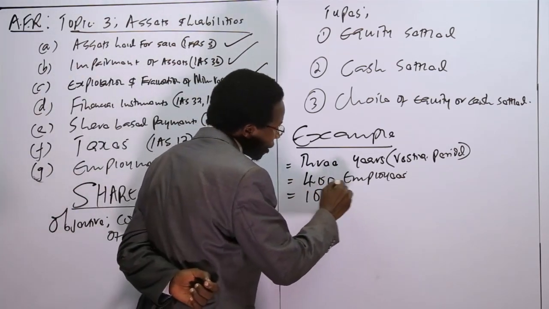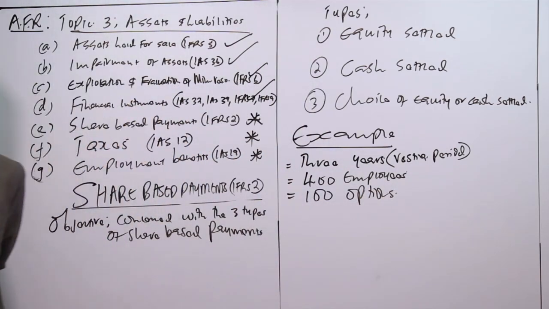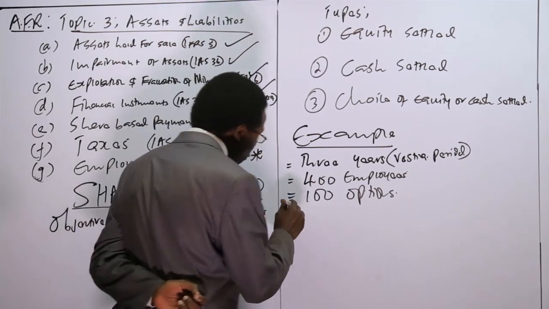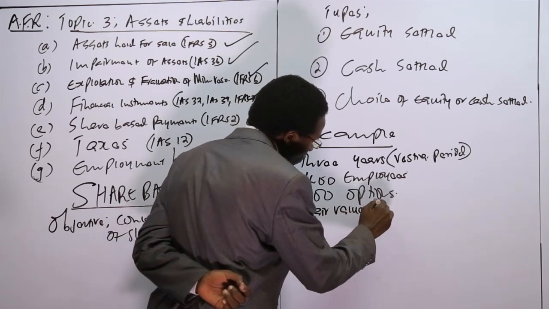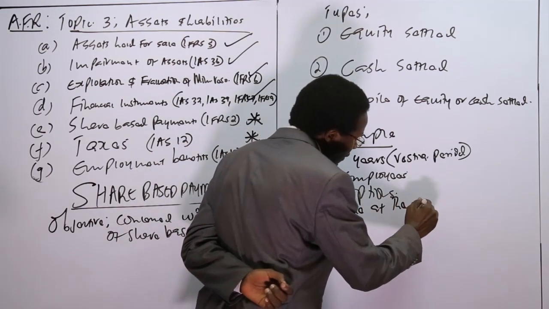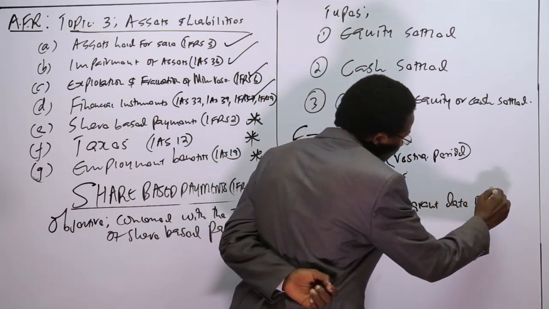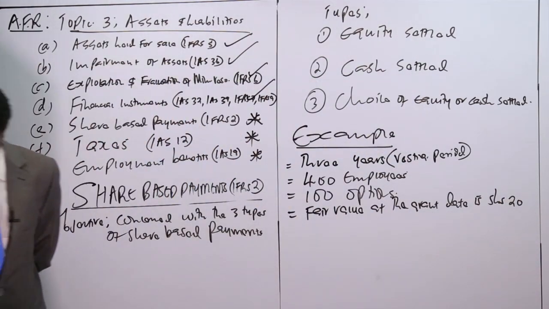We have 100 options granted. From that example, friends, we have been told that the fair value of each share option is 20 shillings at the grant date.